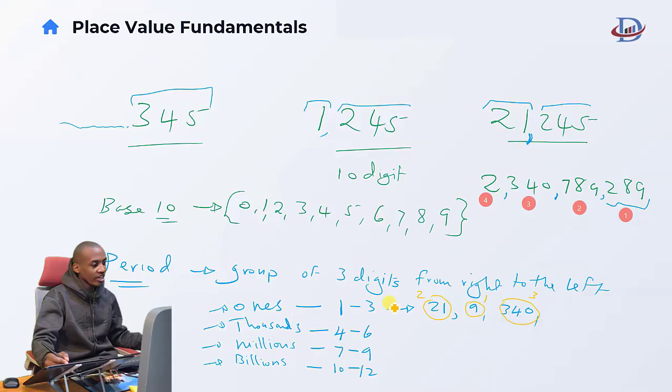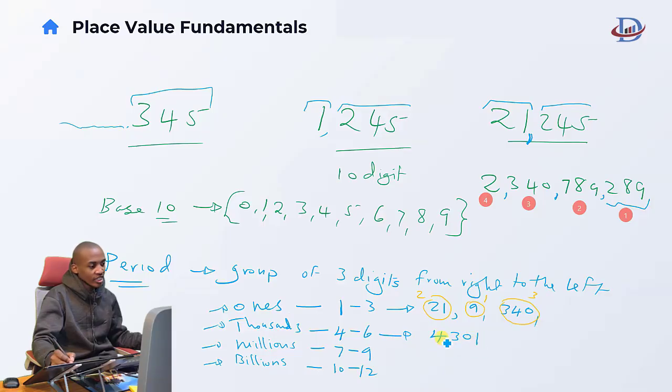Any number bigger, with 4 to 6 digits, then we are talking about thousands. For example, 4,301.